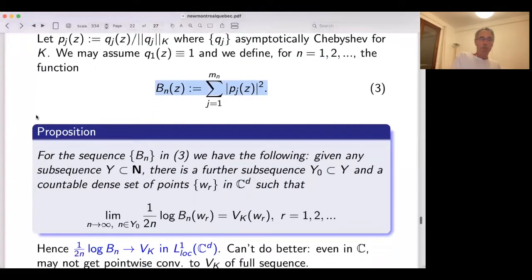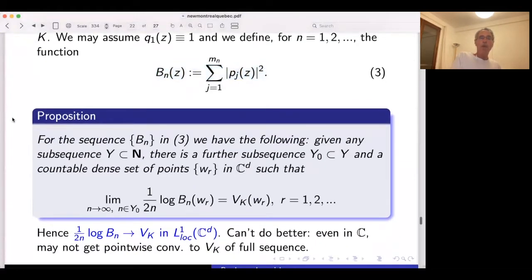We have the following, again, starting with this asymptotically Chebyshev family. Given any subsequence, there's a further subsequence and a convolutional dense set of points, so that these 1/2n log b sub n's on this further subsequence converge to v sub K at all points in this dense set. So again, you see subsequences of subsequences.